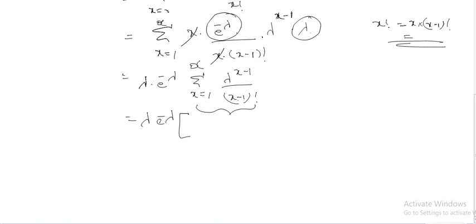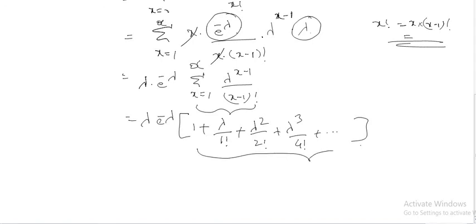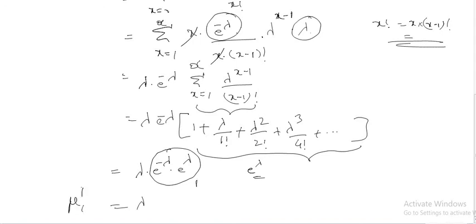Put x equals 1: lambda power 0 by 0 factorial, which is 1. Put x equals 2: lambda by 1 factorial. Next, put x equals 3: lambda square by 2 factorial. Next, put x equals 4: lambda power 3 by 3 factorial, and so on. This is e power lambda. So it is lambda into e power minus lambda into e power lambda, that means mu1 dash is lambda. This is one equation.